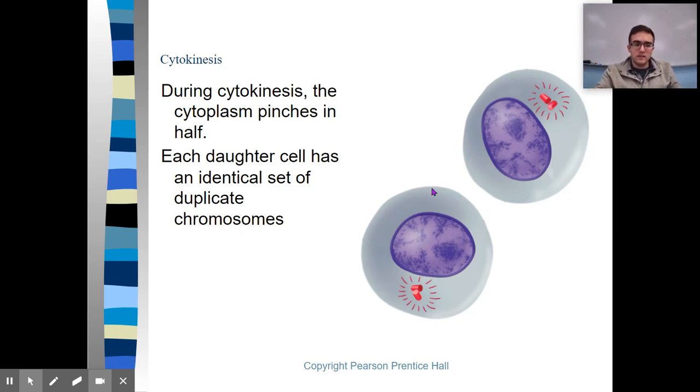In the end, we get two new daughter cells. Now, each daughter cell is genetically identical to the parent cell, right? Because they replicated the DNA, and each cell now has a copy of the same DNA that the parent cell had. So they're identical. So that's your phases of mitosis, right?